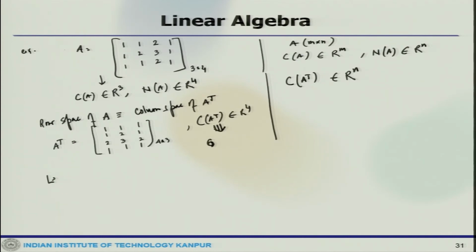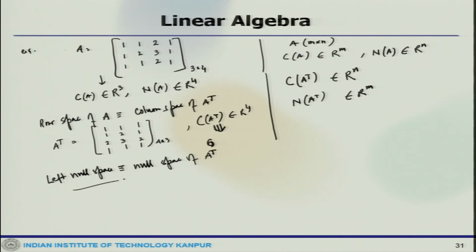Similarly, here if you look at the left null space, which is the null space of A transpose, this belongs to R to the power m.